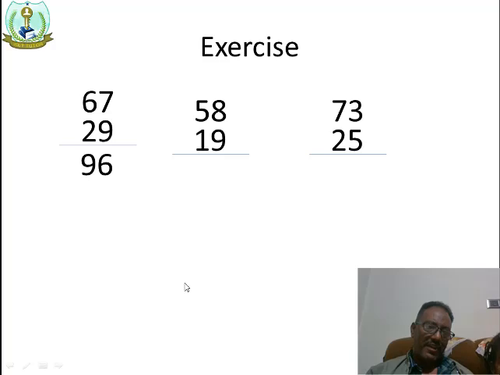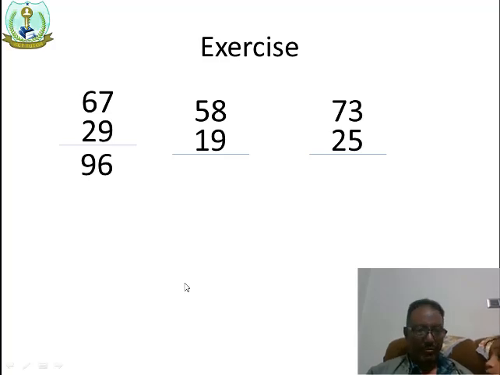Now let's take 58 plus 19. Here also you saw 58 plus 19. This time I can add 58 plus 20. Or you can make the last one 10, and we can add 9 onto that.